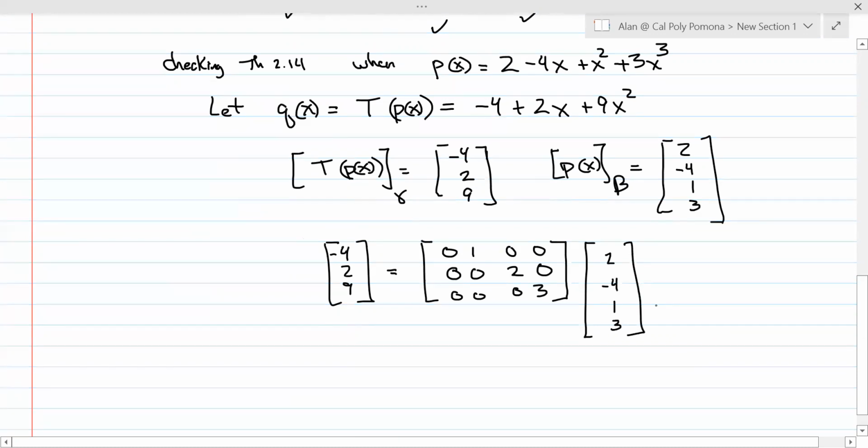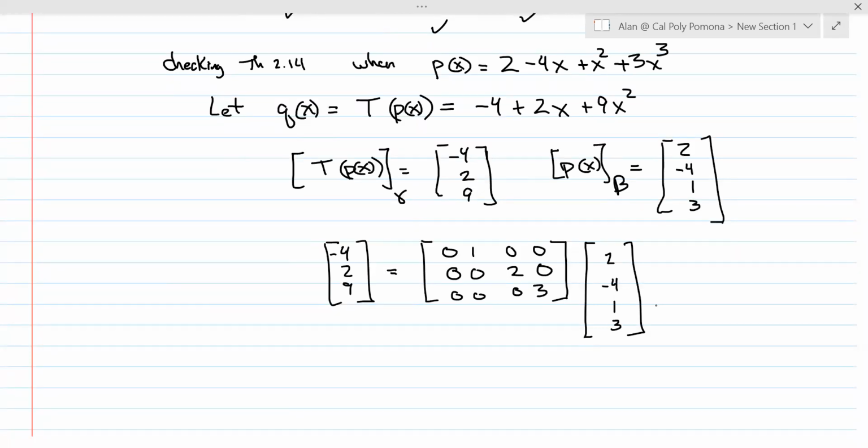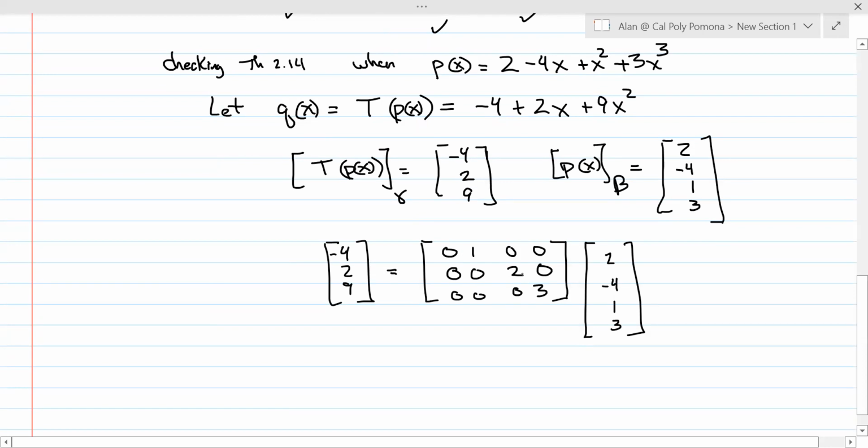Okay, so this is the content of what theorem 2.14 is saying. And of course, you could check it. If you multiply this by this, the only survivor will be the 1 times -4, which is this. And if you multiply this times this, you'll get 2 times 1, which is this entry. And if you multiply the last row by this, you'll get just 3 times 3, which is 9.